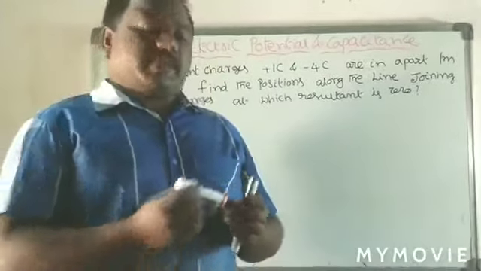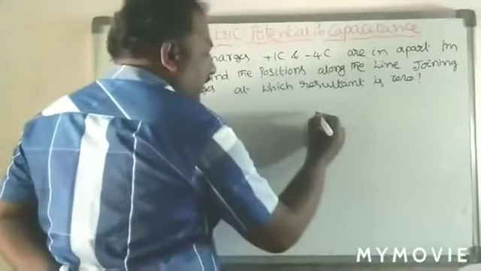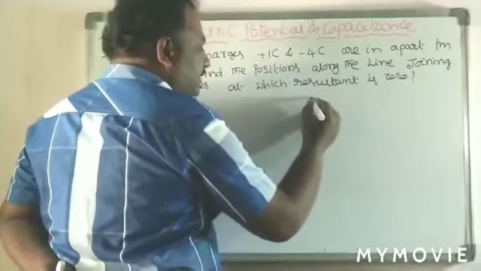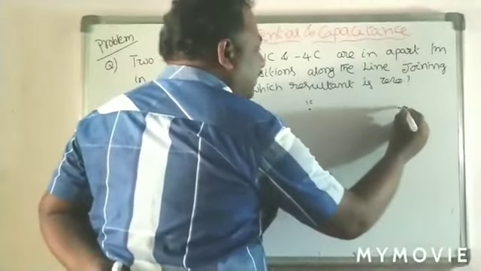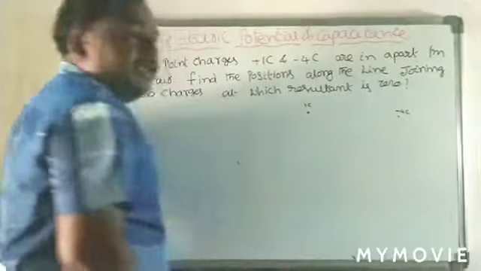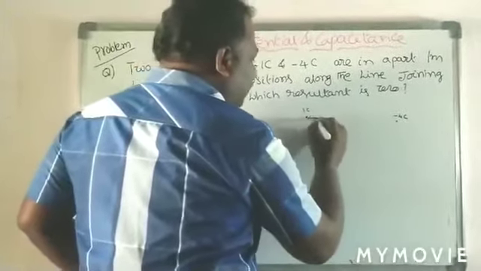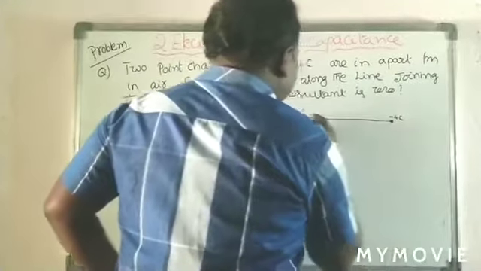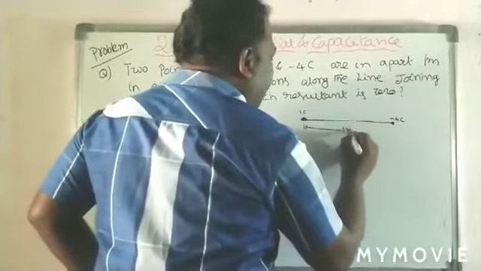Okay. See here, the given is there are 2 point charges. I consider the 2 point charges. This is the first point charge, given as 1 coulomb. This is another point charge, minus 4 coulomb. These two charges are placed, and the distance between them is taken as 1 meter apart.